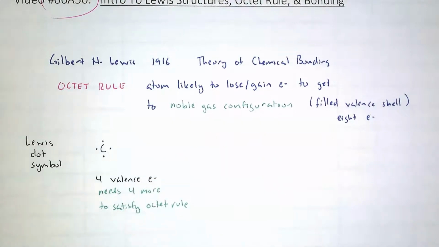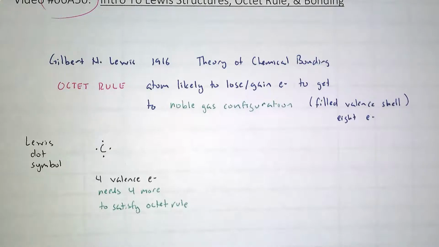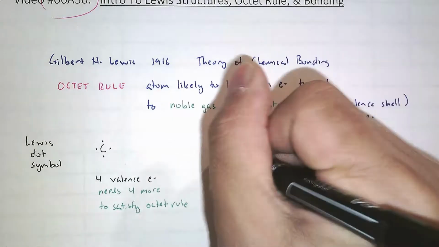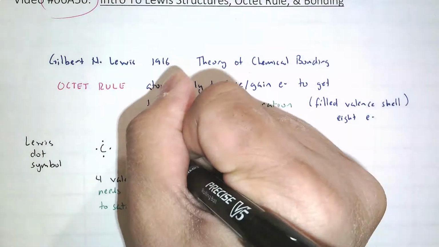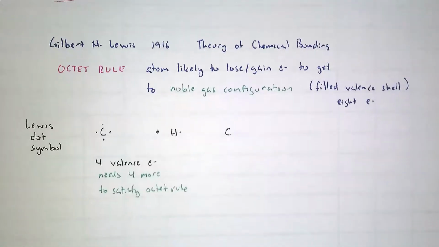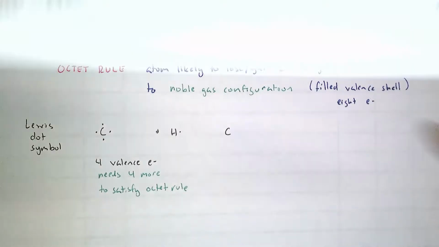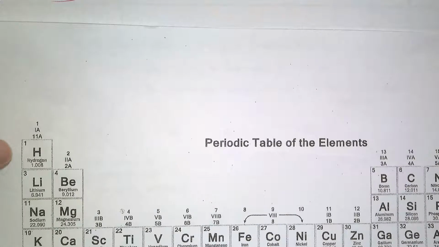Okay, how does carbon accomplish that? There are many ways actually, but one way carbon grabs those 4 electrons is by making bonds. And we're going to look at also hydrogen. So hydrogen has one valence electron, so it needs one more to fill its 1s orbital. Hydrogen needs 2 electrons to fill its valence shell, because its valence shell is actually n equals 1, the first row.